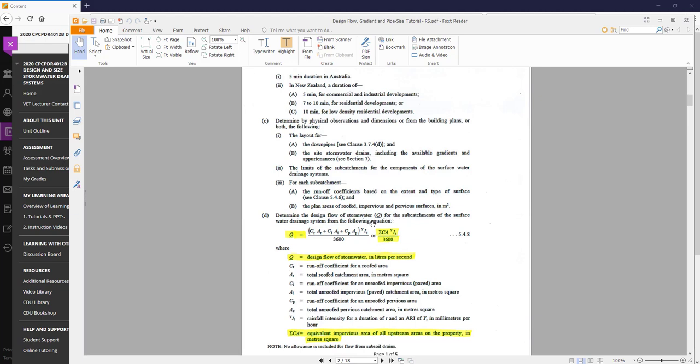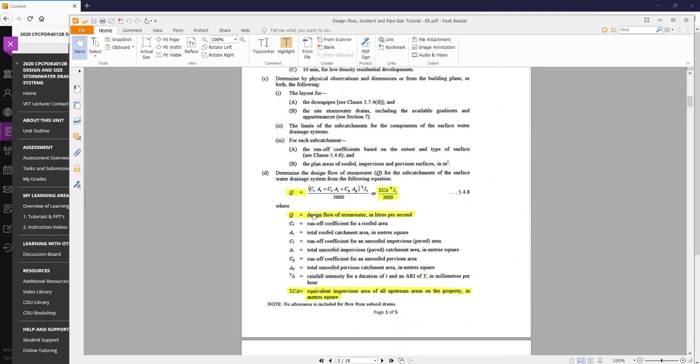So you'll see here, the design flow, Q, is in litres per second. And then we have this formula here, ECA, or sum of CA, equivalent impervious area of all upstream areas on the property in metres squared.